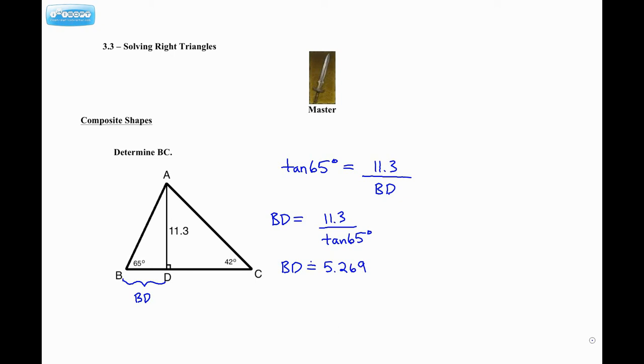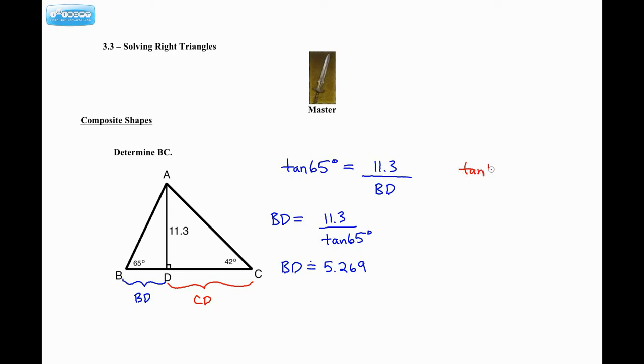That's BD. Now, can we determine DC or CD? Doesn't really matter which order you choose. I'll keep it alphabetical. All right. So here's my angle here, 42 degrees, and the opposite is 11.3. This is the adjacent. What do you know? We can use tangent again. How about that?